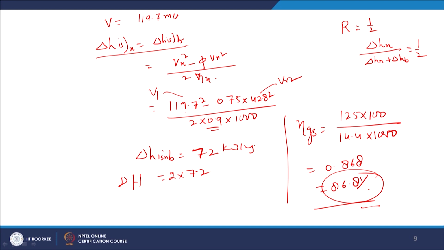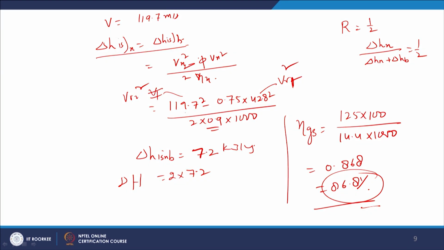Here there is a correction. This is VR2 square and this is VR1 square, because when we talk about the carryover coefficient, this is VR1 square and this is VR2 square. So there is a correction.